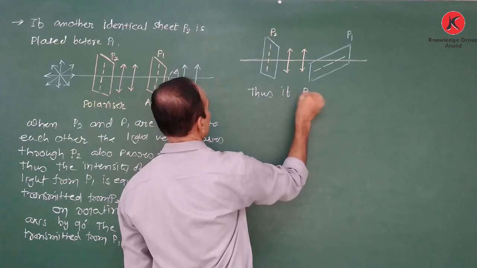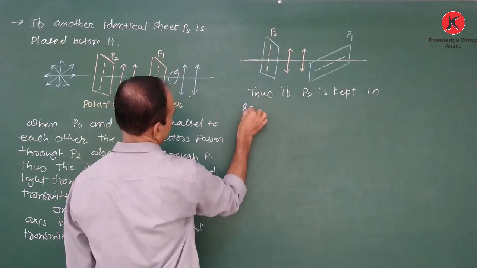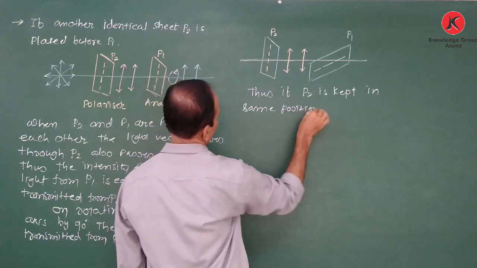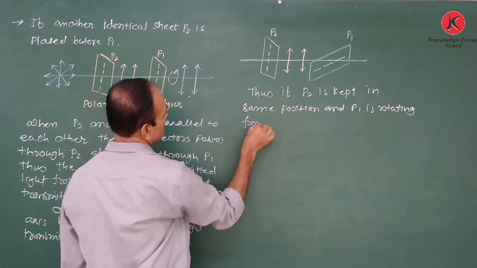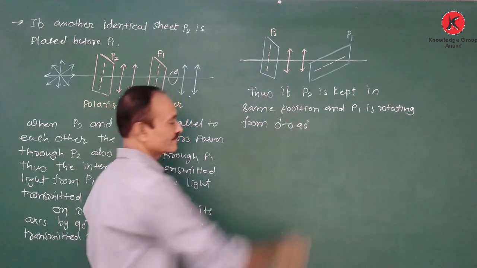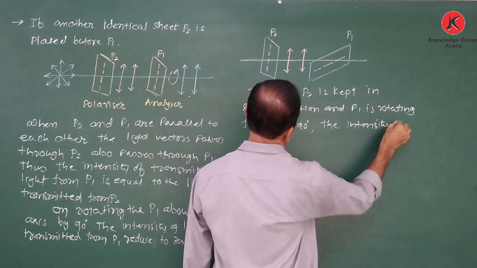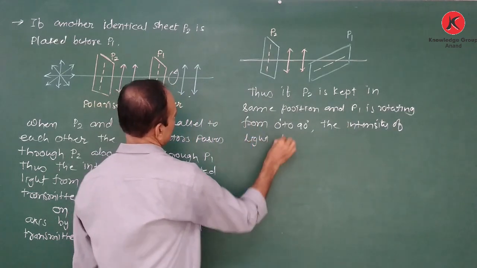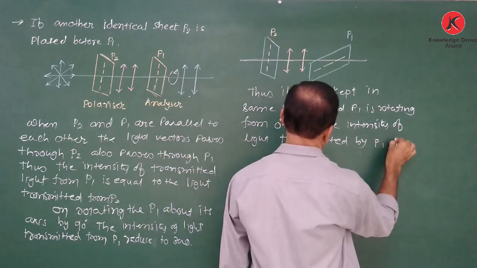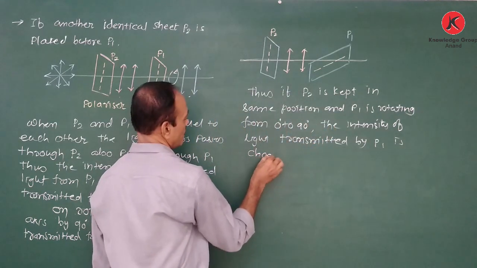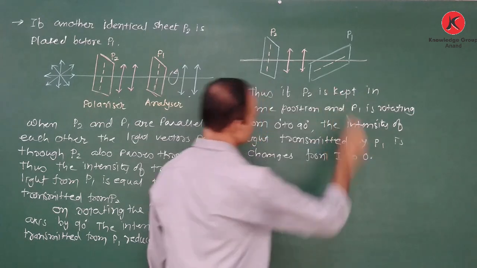Thus, if P2 is kept in the same position and P1 is rotating from 0 to 90 degrees, the intensity of the light transmitted by P1 changes from I to 0.